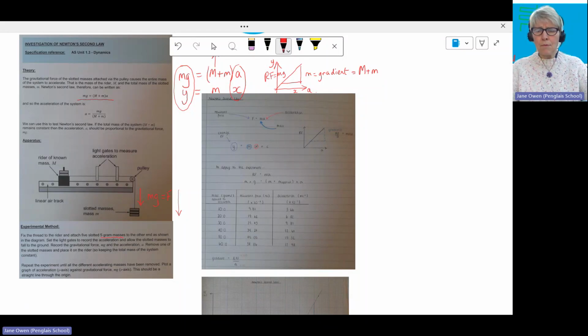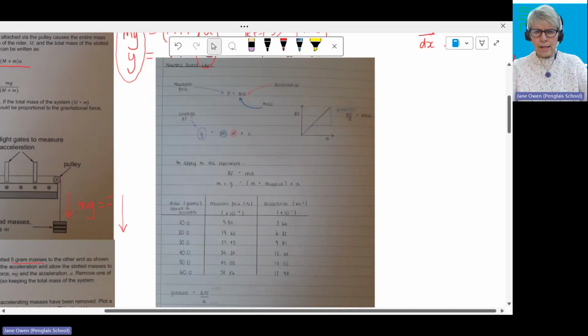So not to be confused, those two little m's there, one is for the gradient and one is for the mass. So once we've got our gradient, it is given by dy by dx. Make sure you choose a triangle large enough so that you can get a more accurate value of what that gradient is and hence the mass of the system.